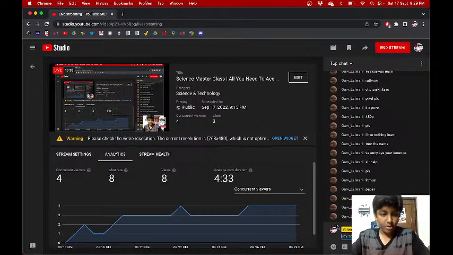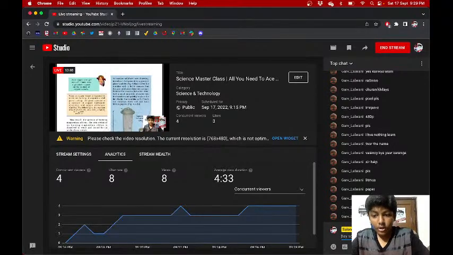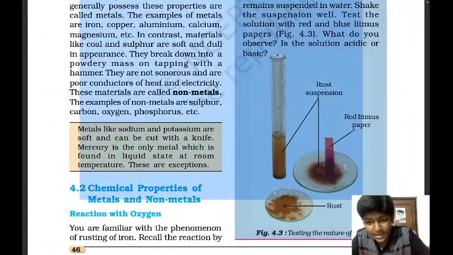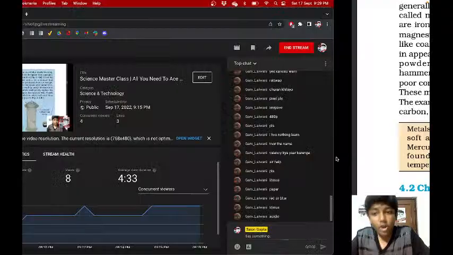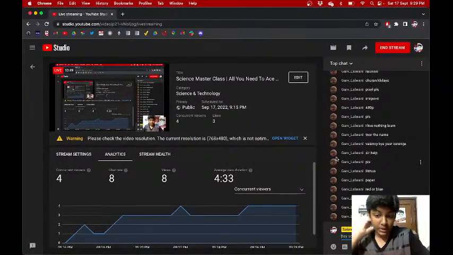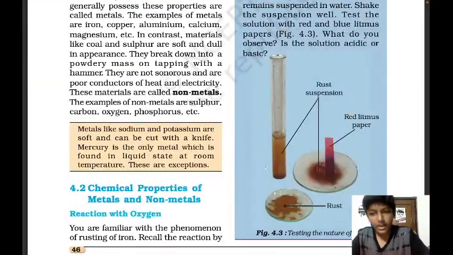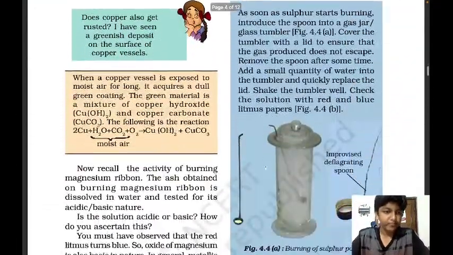Acidic. Okay, so we tested it with red litmus paper, and I think we can see the result over here on the red litmus paper. So you are seeing acidic, and yes, I think it is acidic.